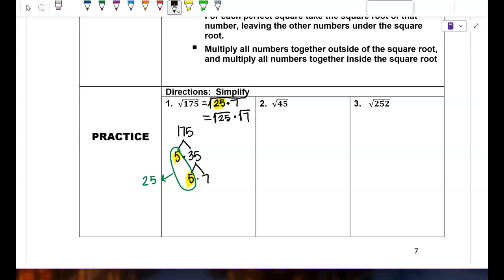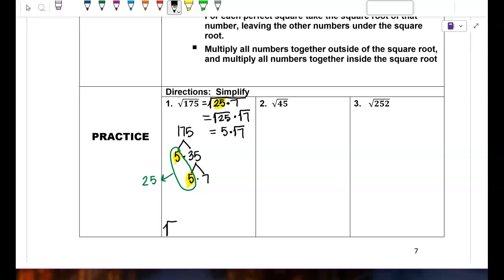And now, Danny, what is the square root of 25? It's in our chart. What is it? 5. So I have 5 times radical 7.